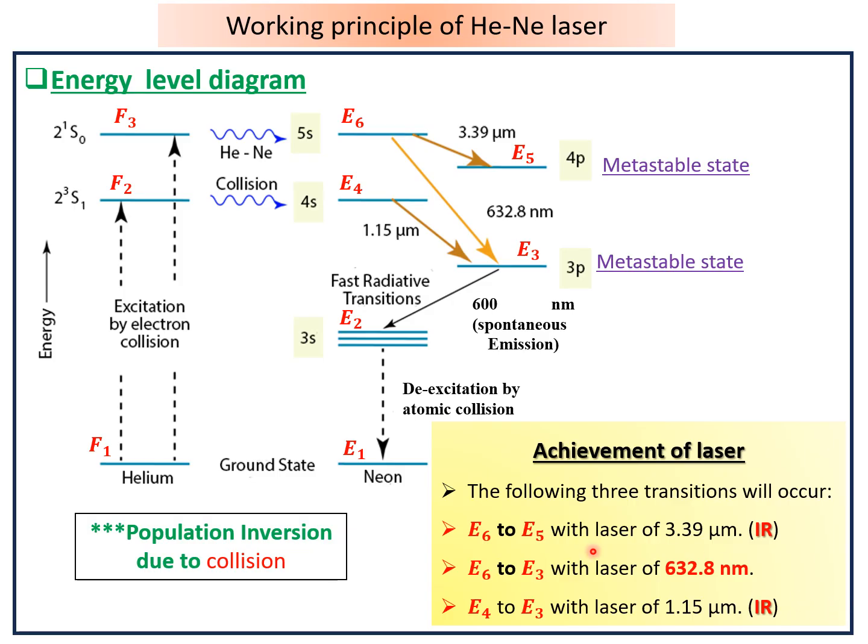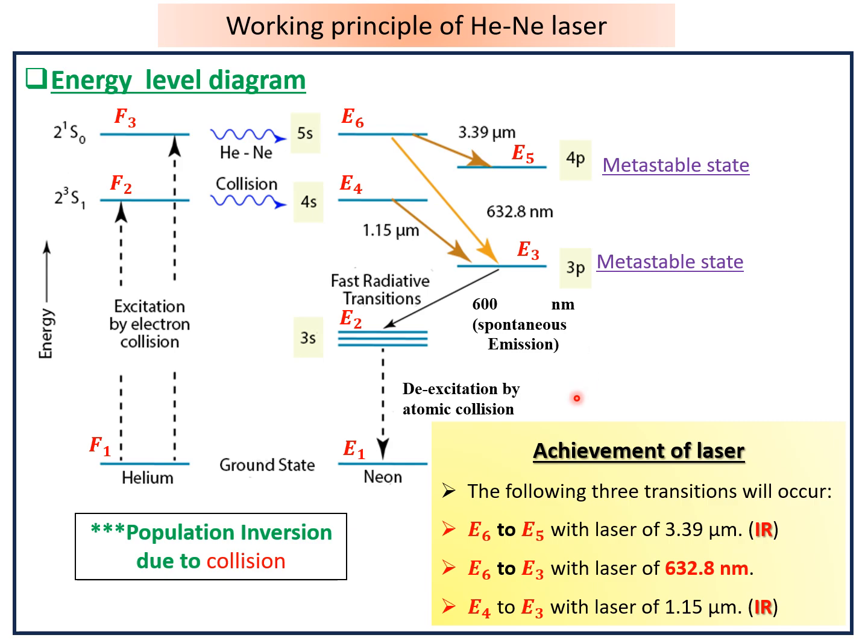The excited neon atoms then fall from the level E3 to E2 by spontaneous transition, resulting in emission of a photon of wavelength 600 nanometer.